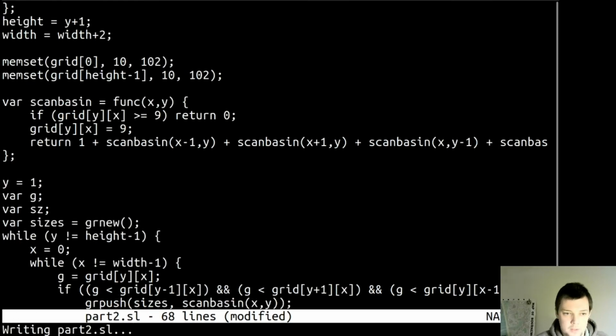Now this might be too slow because that's an awful lot of recursion, and the depth of this recursion could be quite high. So how big is the stack frame going to be here?